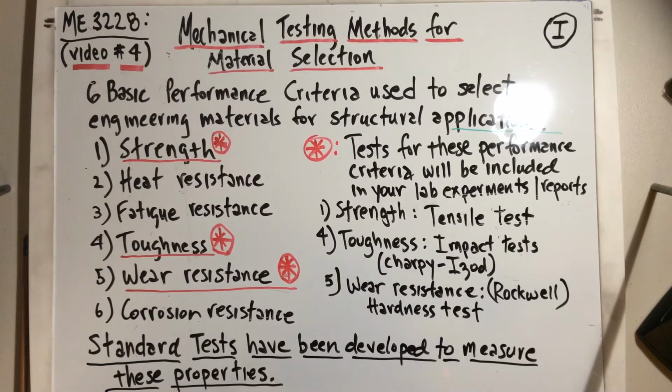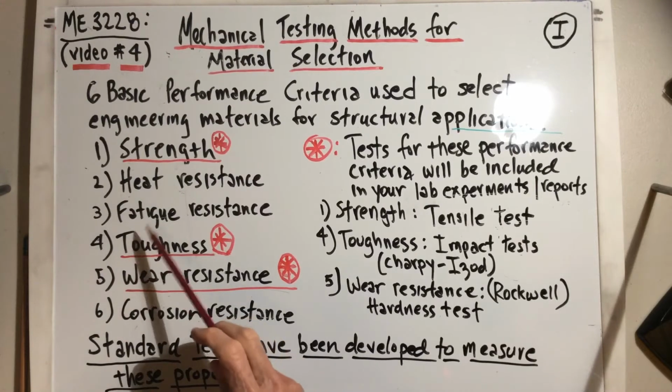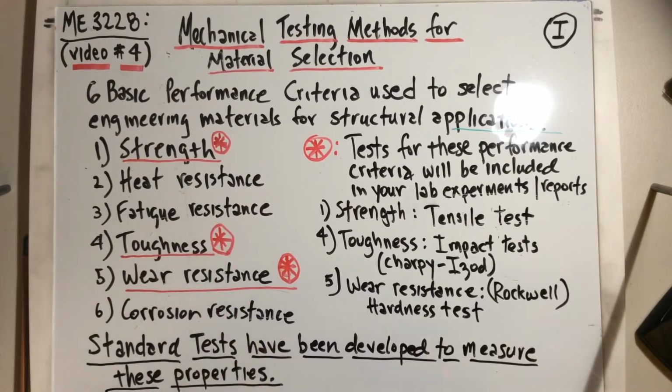There are far more fatigue failures than any other type of mechanical failure that we encounter. So this is definitely something to determine, what materials have good fatigue resistance as opposed to others, and what we might be able to do to enhance that particular property.